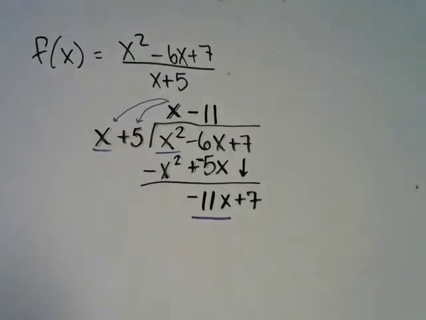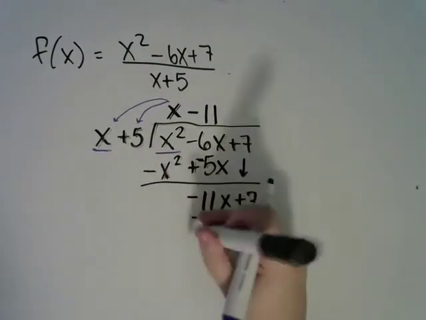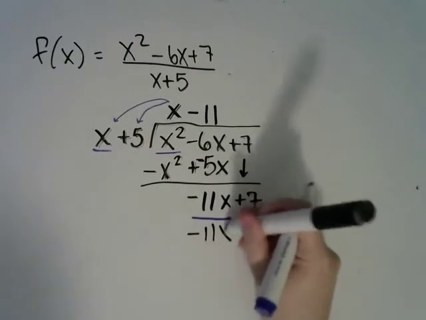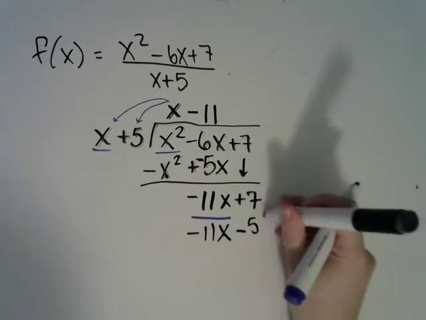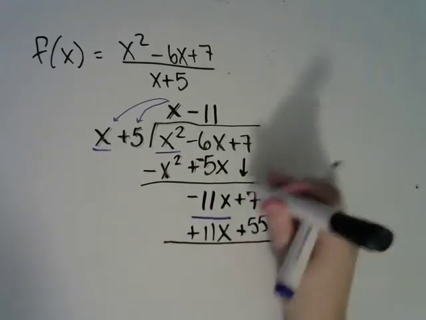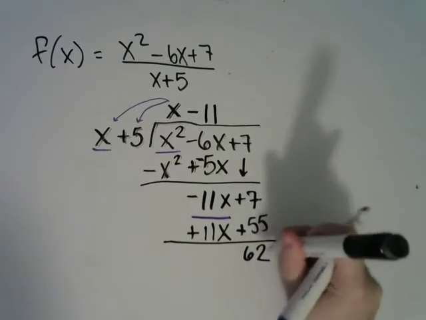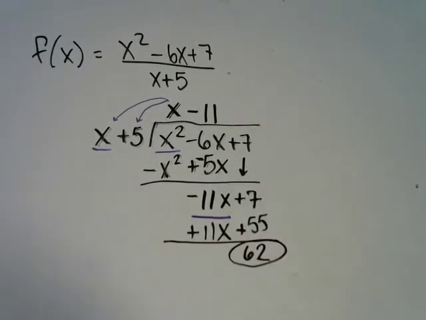Distribute it back to the divisor, and you get negative 11x minus 55. Subtract. And this is the remainder.